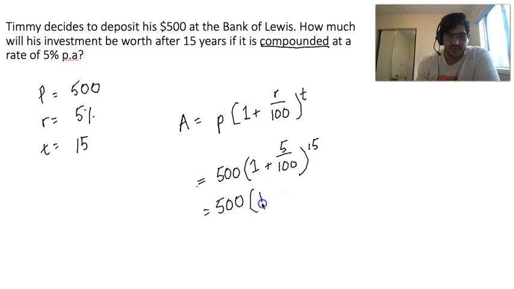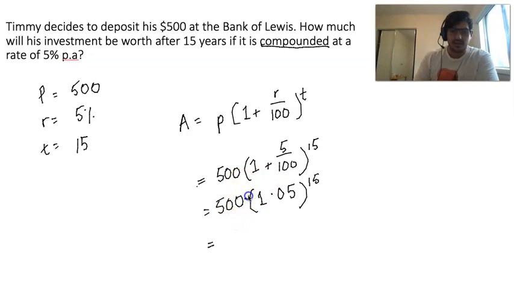500 times 1.05. So that is 0.05. 5 divided by 100 is 0.05, plus 1 will be 1.05 to the power of 15. And now we are at the stage where our calculation can be made.